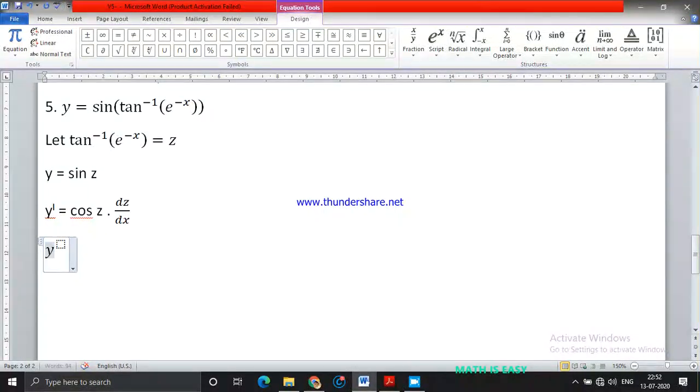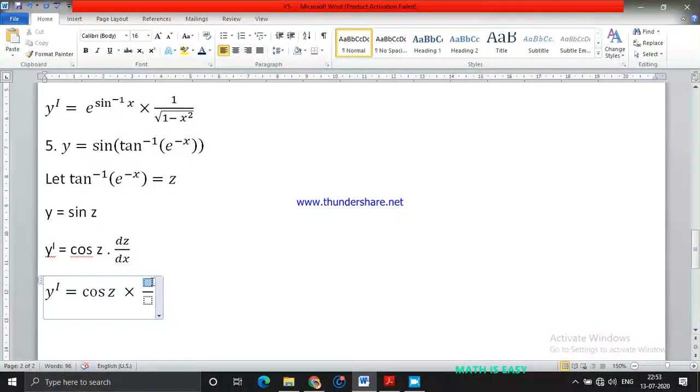So y dash will remain as it is on the LHS. y dash equals cos z into the derivative of z, that is, the derivative of tan inverse e power minus x.